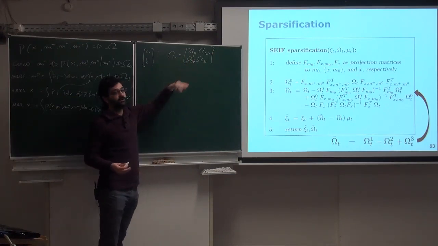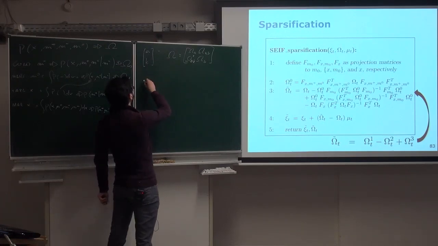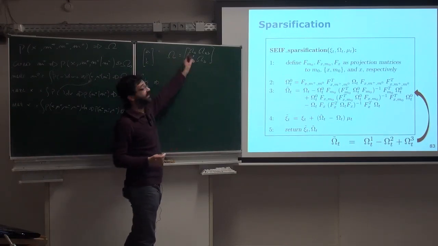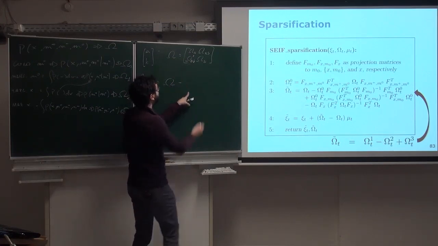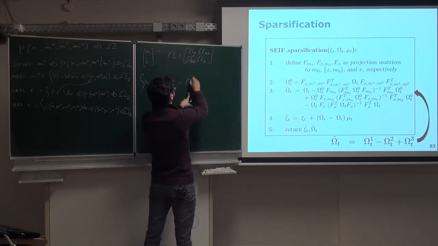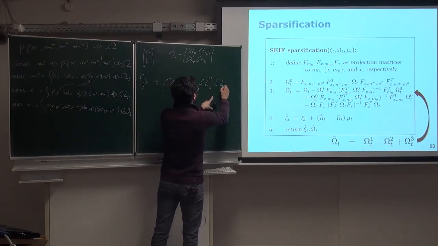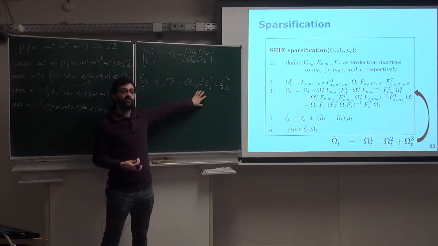Marginalization is done by what's called the Schur complement of a matrix. So if we marginalize B, this basically means we take our omega A, and from this we remove omega AB times omega B minus 1 times omega AB transpose. That's the definition of marginalization in information form.